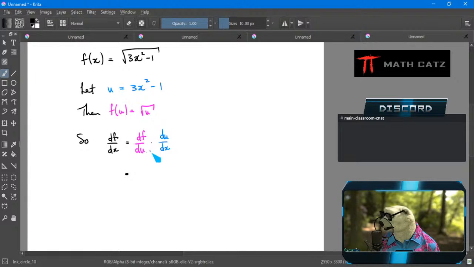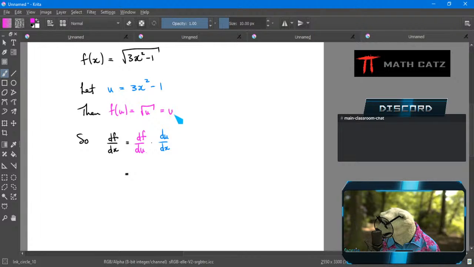Now you might remember, where am I? I want to be pink. You might be someone that chooses to memorize the derivative of the basic square root function, 1 over 2 root u. You might not. It doesn't matter.